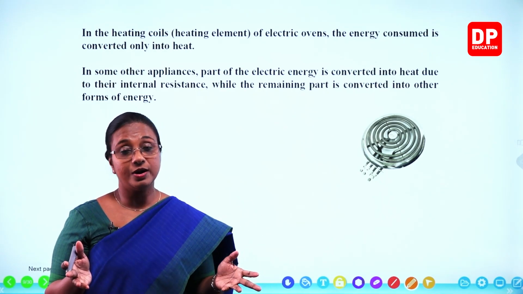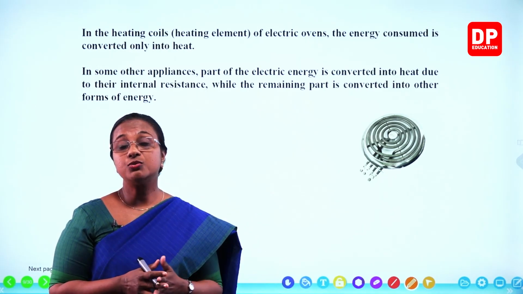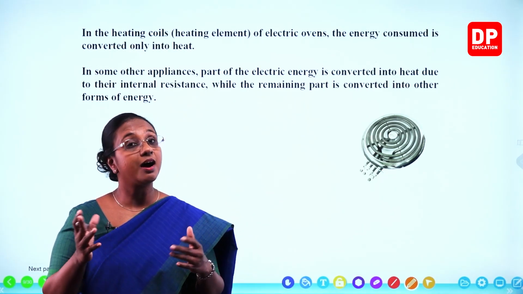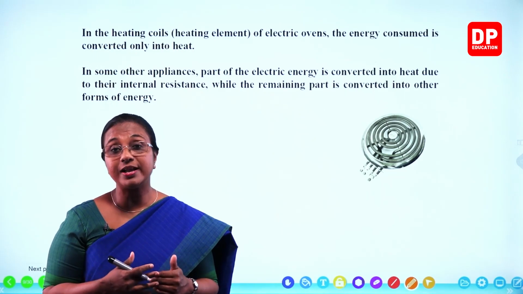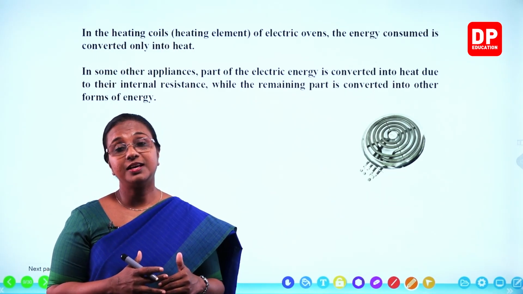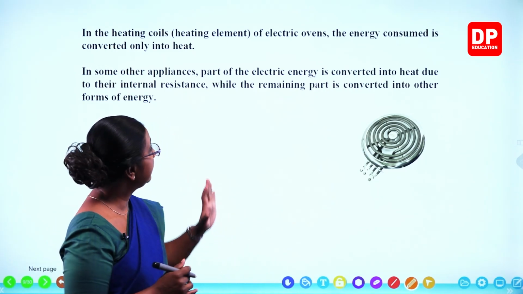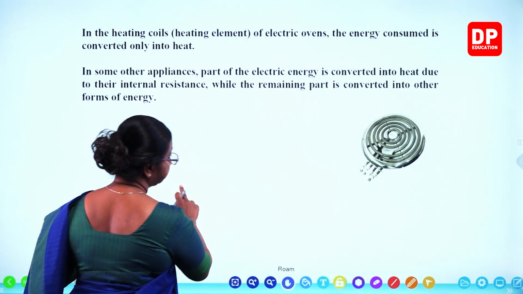But in heating coils, immersion heaters, hot plates, rice cookers, in all these there are heating coils. Now in this, the conversion of electric energy is from electricity to heat. So only heat is produced.